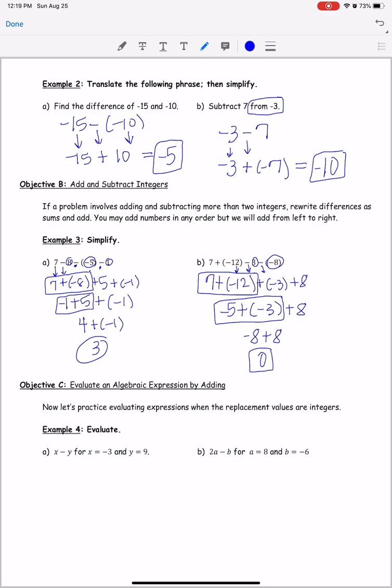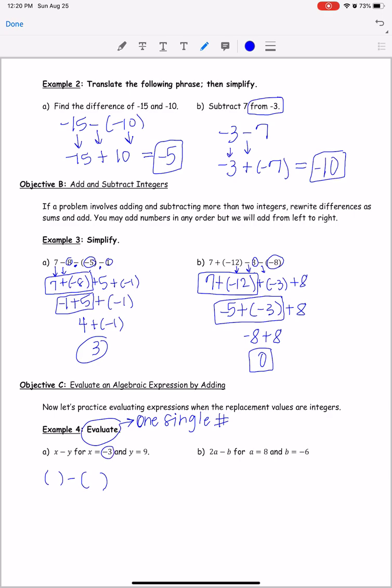Objective C, evaluate an algebraic expression. To evaluate, remember this just means you need one single number answer. So plug in. X minus y. So here's my x minus my y.